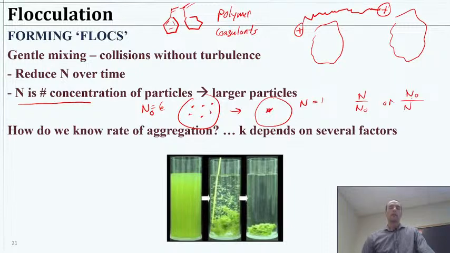As you'll see, it will make some sense, and manipulate these mass balance terms into a form that will tell us something about how many particles we have versus how many we had moments ago. Okay, so then the question becomes, how do we know the rate at which they are aggregating? Because we want to know that rate in order to know how big a chamber we need, how long the particles need to sit here, how fast we actually need to stir.